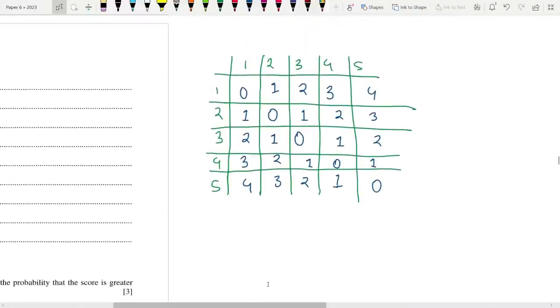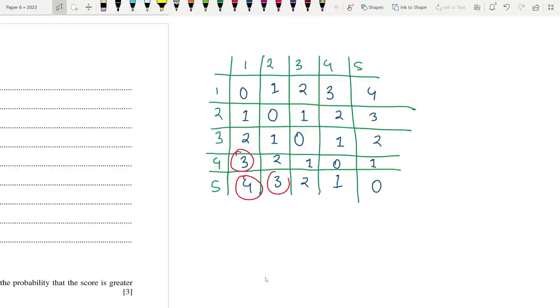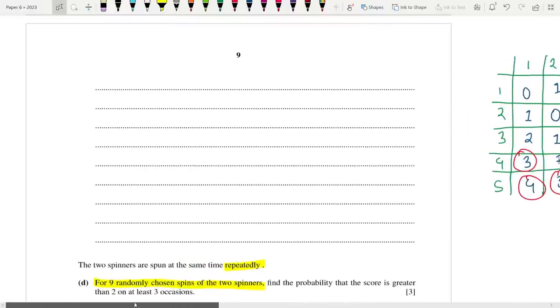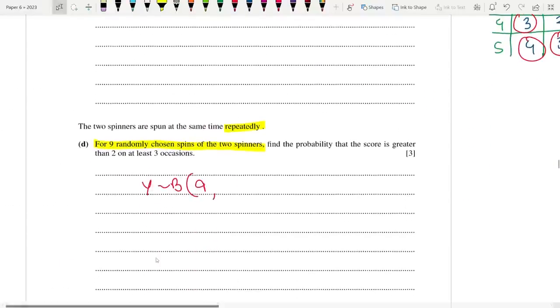What does greater than 2 mean? 2 is not included, 3 and 4 are. So 1, 2, 3, 4, 5, 6, only these 6. So basically my success is 6 out of 25 cases. This is my binomial distribution.